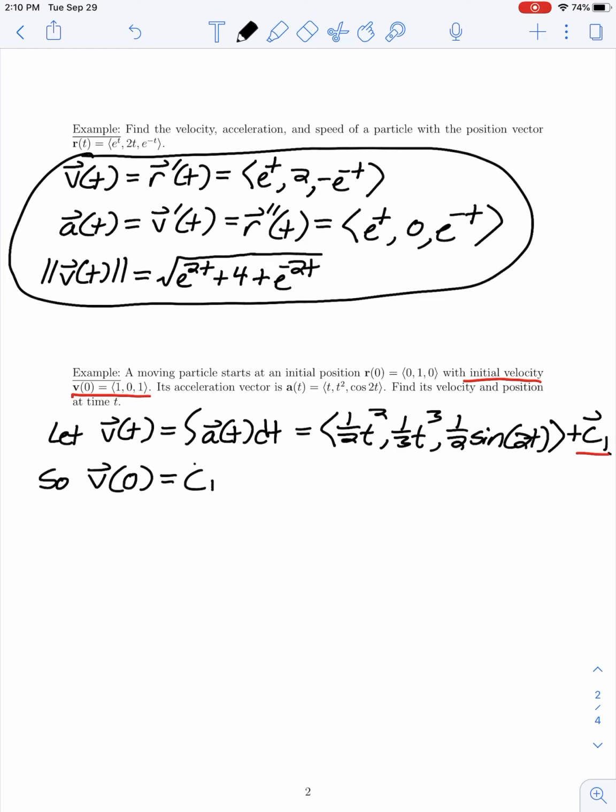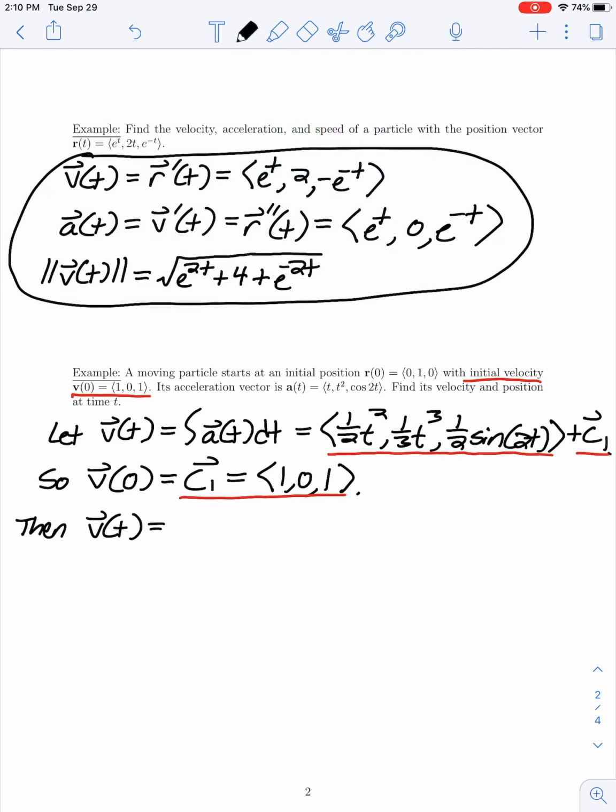So really I would just have the vector c1. And I'm told that this has to equal the vector 1, 0, 1. So our velocity vector v of t is given by the sum of this vector function plus the vector c1, which we just found to be 1, 0, 1.